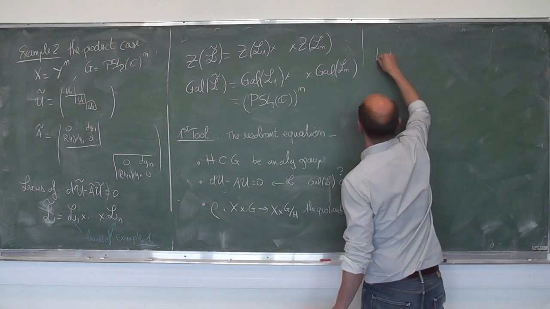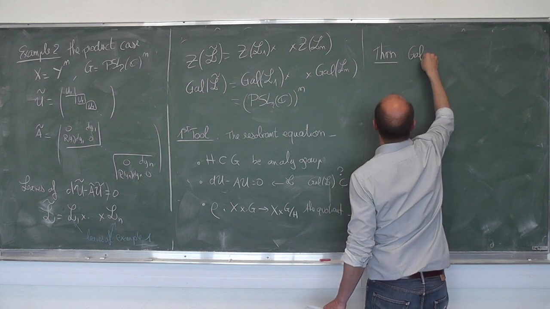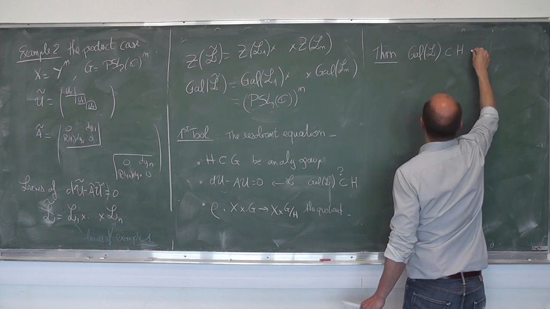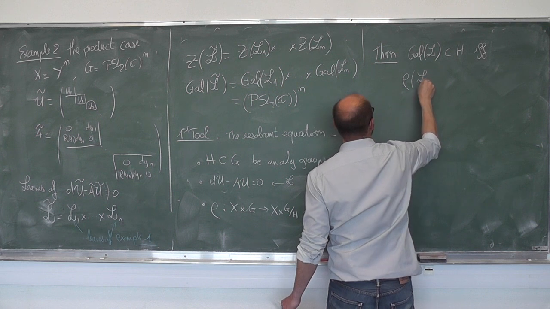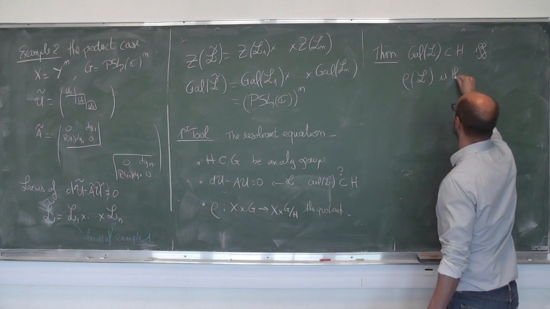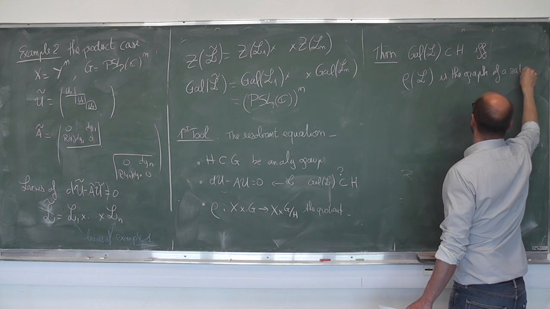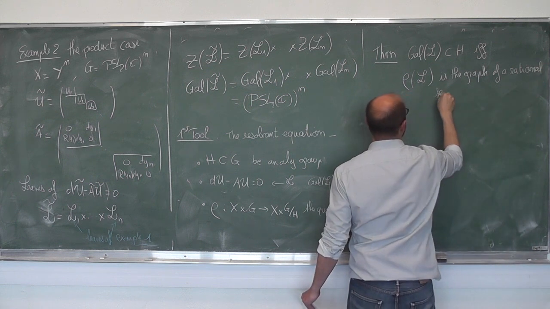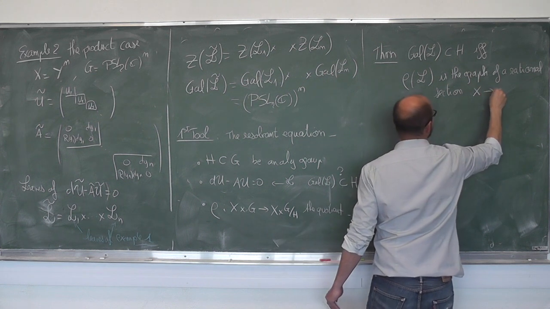And the theorem we have is this, that the Galois group of the leaves is inside H if and only if the image of L is a graph of a rational section, a rational section from X to the quotient here.